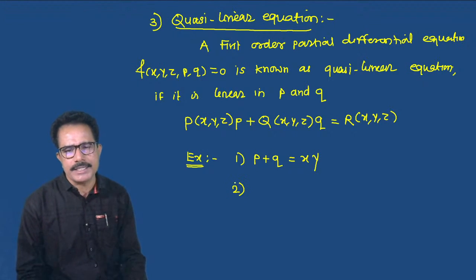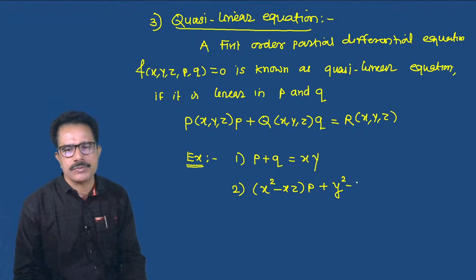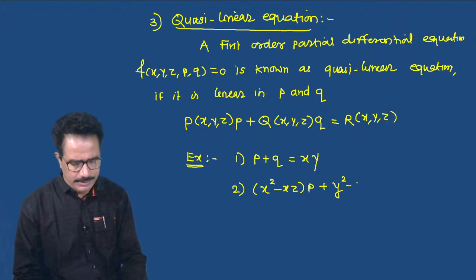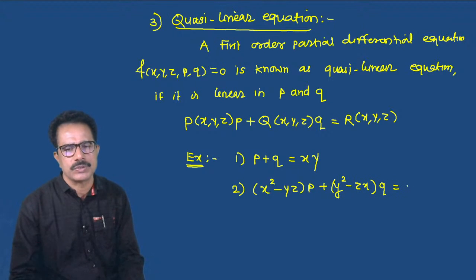Second, we can write x square minus yz into p, y square minus zx into q, which equals z square minus xy.